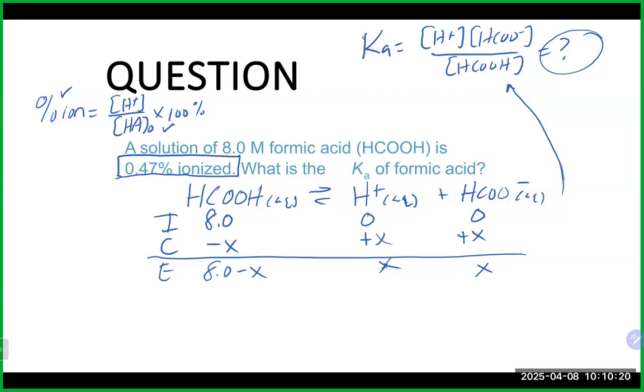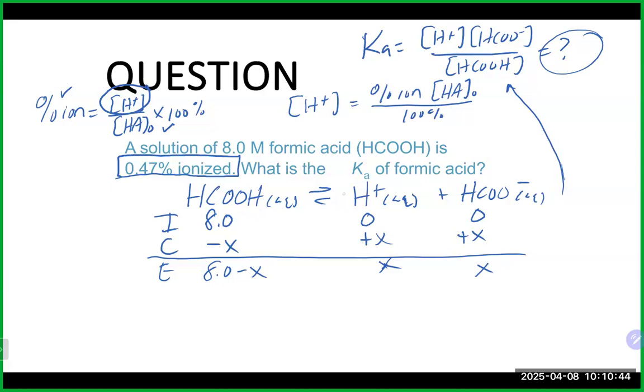We know the initial concentration of the acid, which was 8 molar. That would allow us to solve for H plus, which would equal the percent ionization times the concentration divided by 100%.